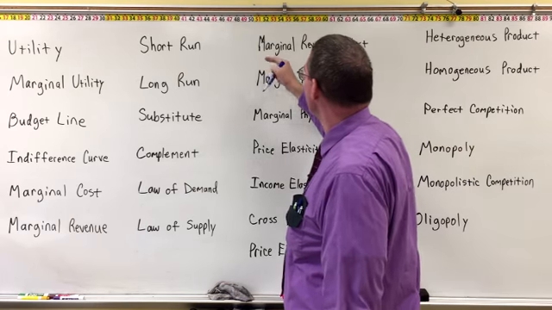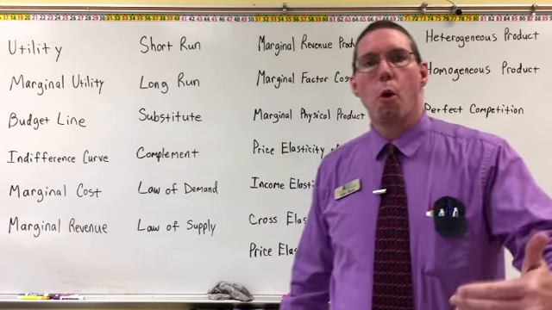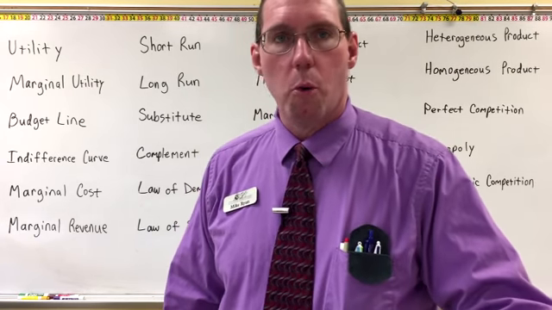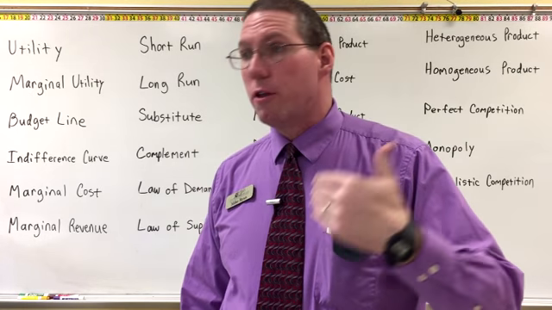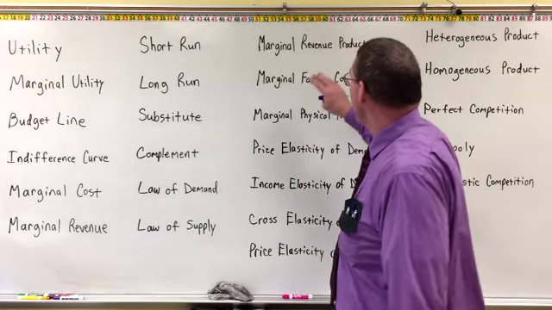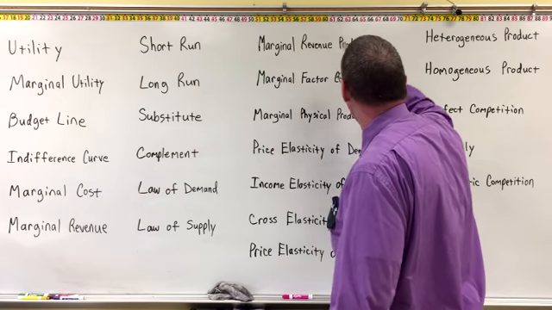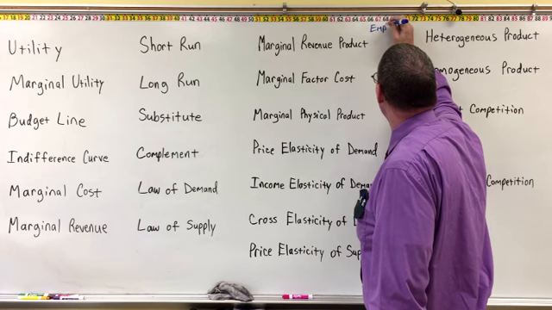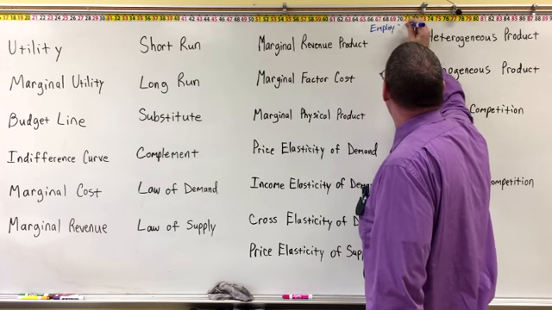Remember that the word marginal means when you use one more thing, when you produce one more quantity, when you consume one more item. In this case, it's when you employ one more factor of production.